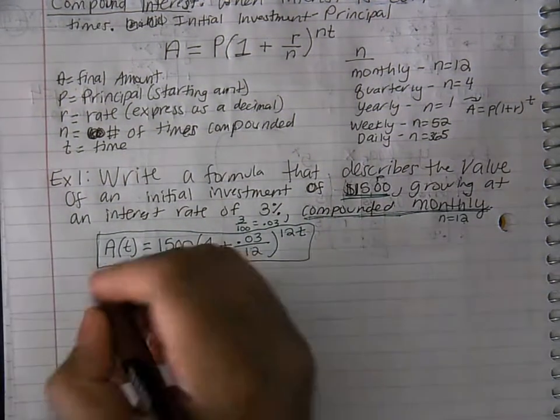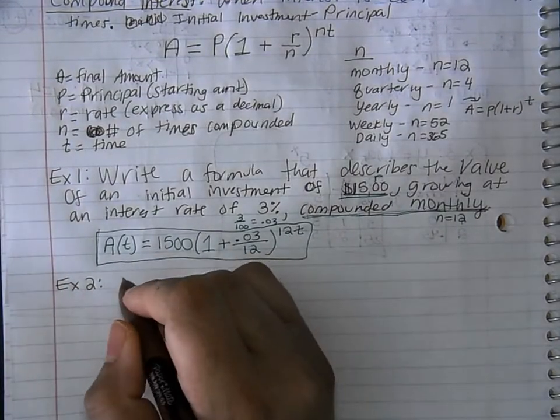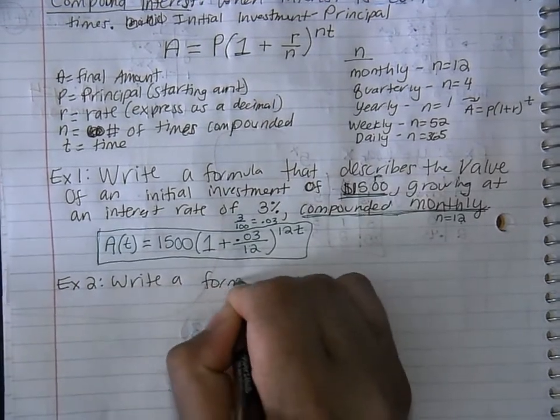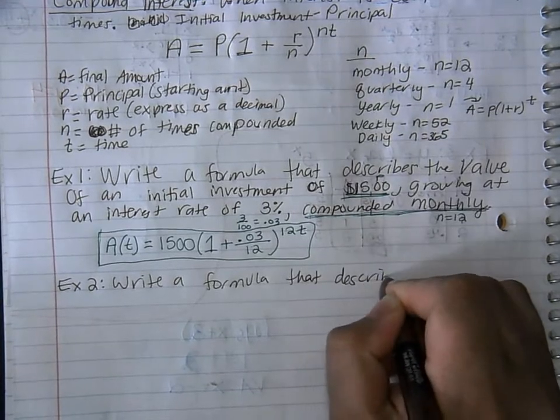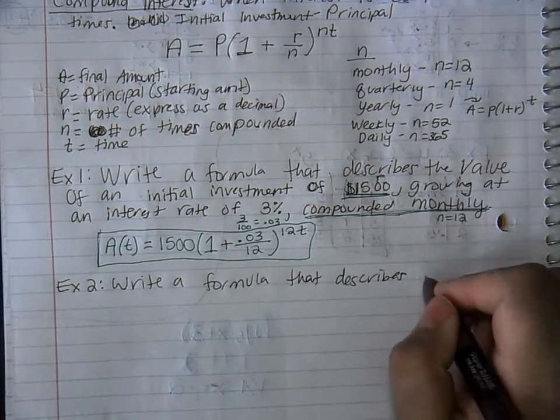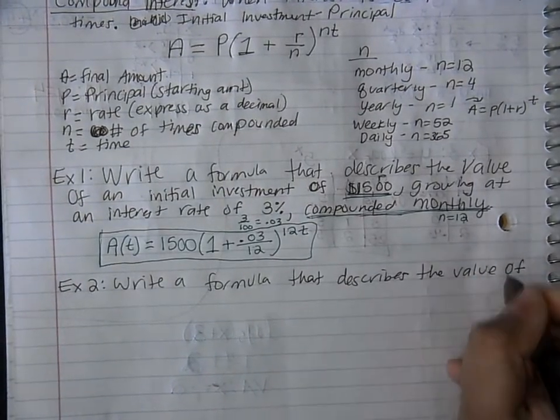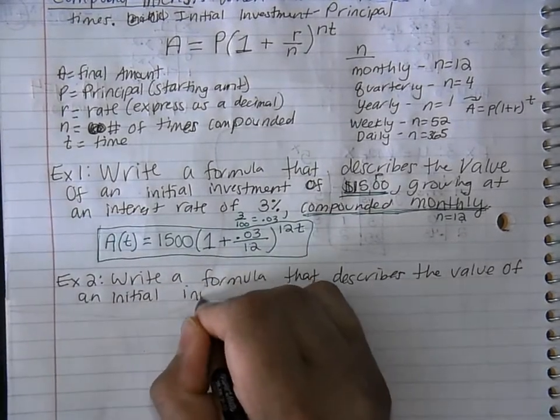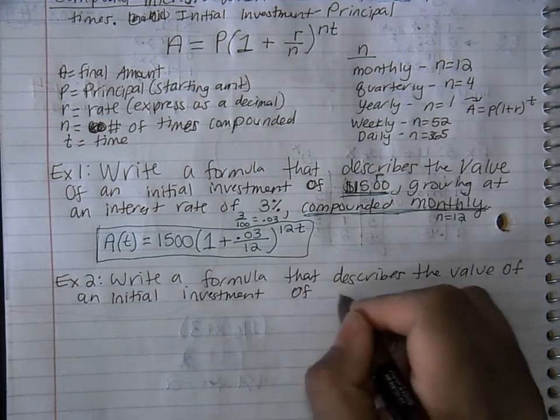Okay, now same idea, but let's see what happens on this next one. So this next one is going to say write a formula that describes, so the beginning part is kind of the same. The value of an initial investment of, let's say, $400.